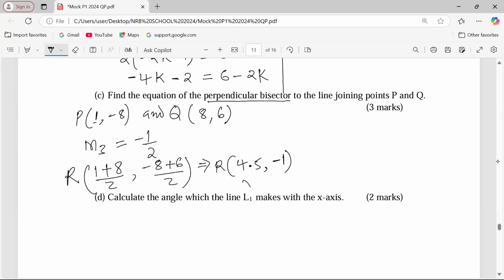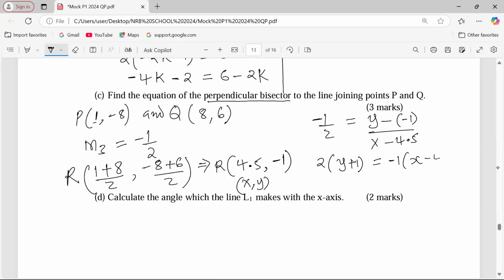So we have a point where this bisector passes, and we have the gradient. Then we need another point, x y, for us to get the equation. So negative 1 over 2 equals change in y, y minus negative 1, divided by change in x, x minus 4.5. Cross multiplication gives 2 into y plus 1 equals negative 1 into x minus 4.5. This will be 2y plus 2 equals negative x plus 4.5.